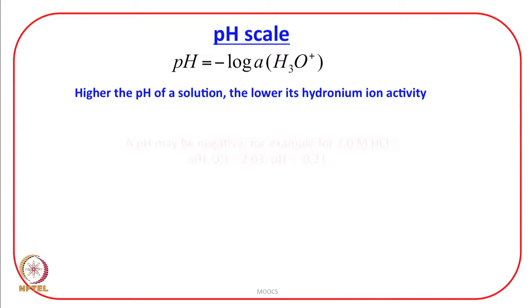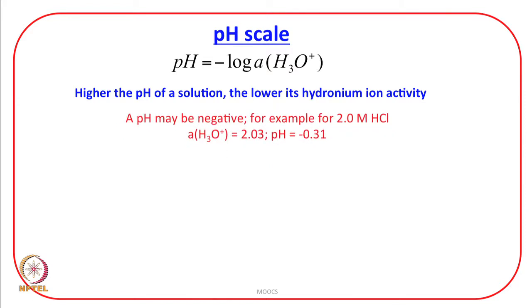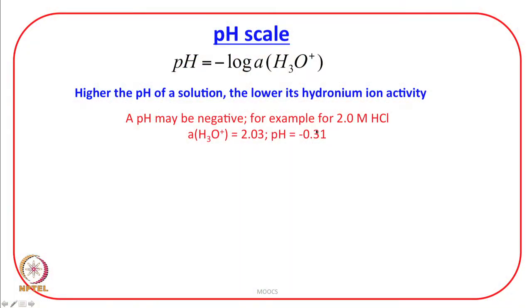Let us take an example. Can the pH be negative? Yes, the pH can be negative. For example, as shown over here, if we calculate pH for 2 molar hydrochloric acid, for which the activity is 2.03, the pH comes out to be minus 0.31.